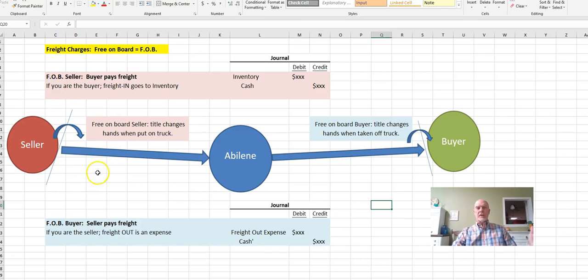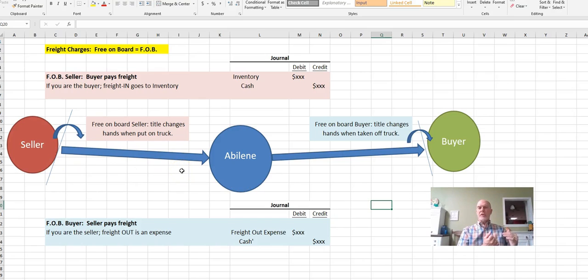So if we were negotiating with this seller and the shipping terms were FOB seller, that means it's free on board to the seller. That means we, the buyer, would be paying the freight. Now when we're paying freight on purchases, that is incoming product.